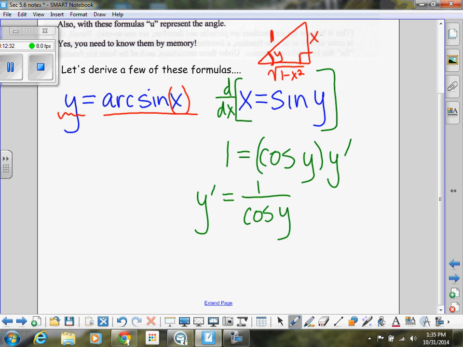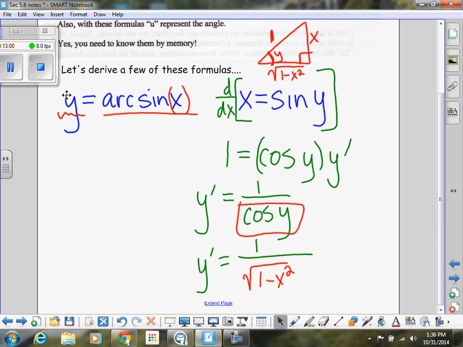So when I try to write cosine of y, I'm going to use that triangle. What can I replace cosine of y with? Good, it's the adjacent side, that's the square root of 1 minus x squared over the hypotenuse, which is just 1. So I'm not going to write the 1. Now what I want you to do is look at your book.